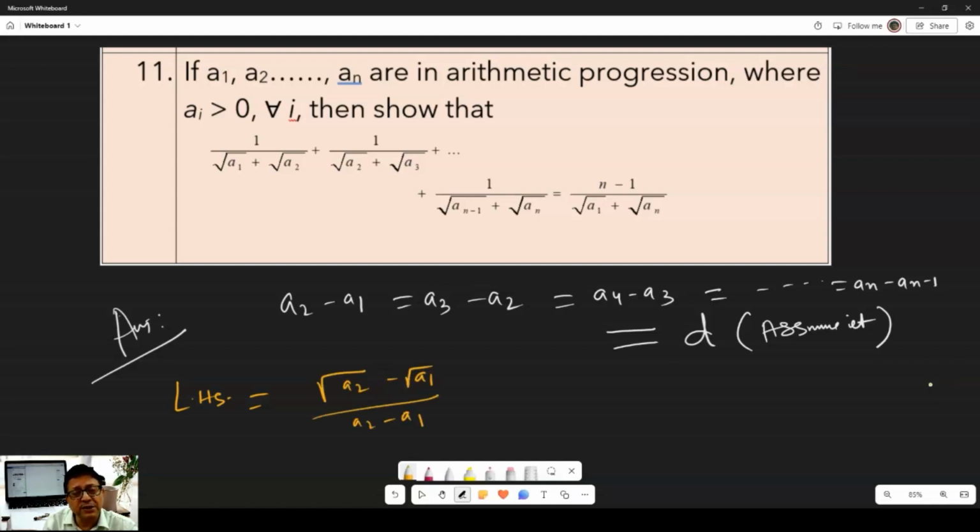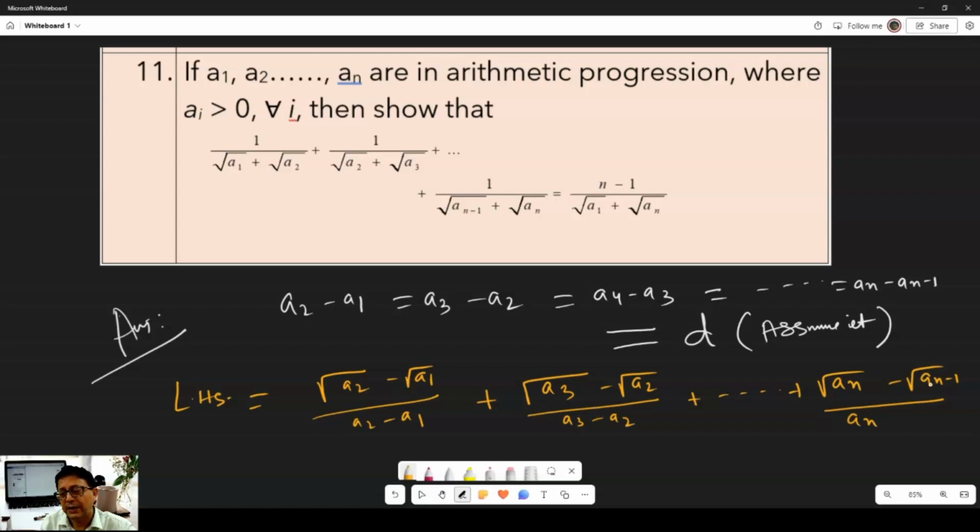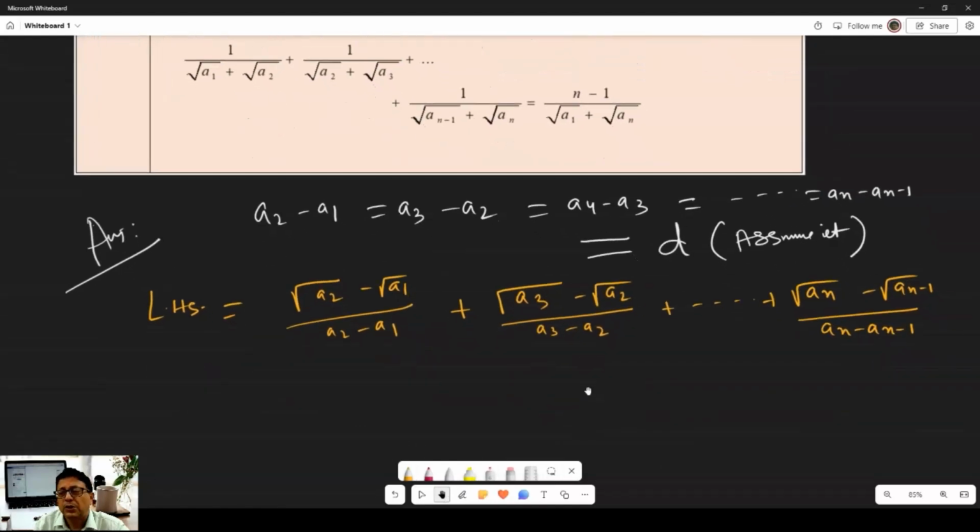It will be A2 minus A1. In the second term I am multiplying by root A3 minus root A2. This way it continues to the last one, divided by, clear? So this is equal to root A2 minus root A1, and what is A2 minus A1?